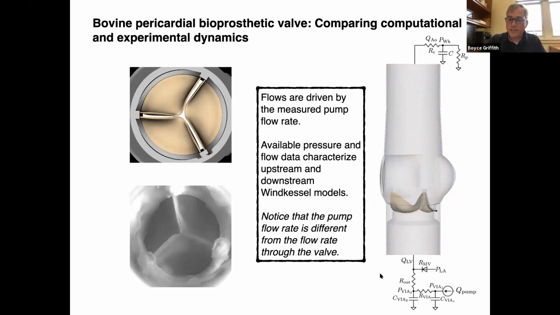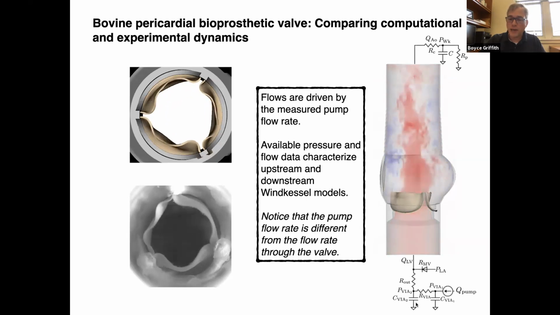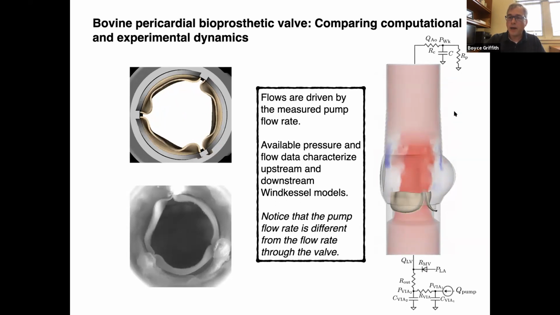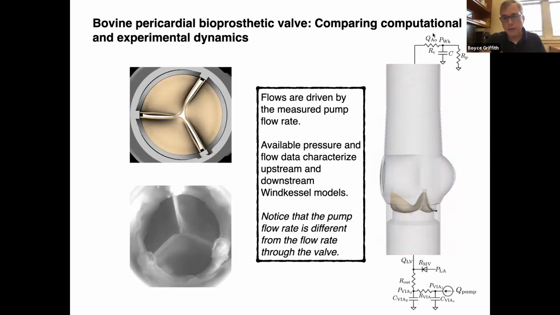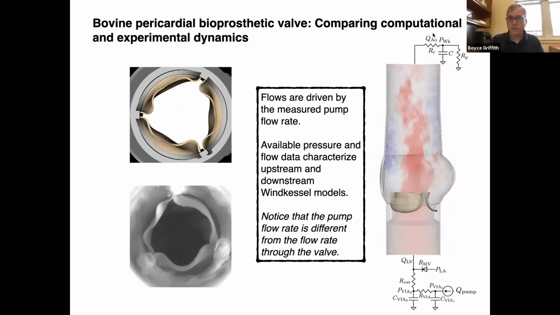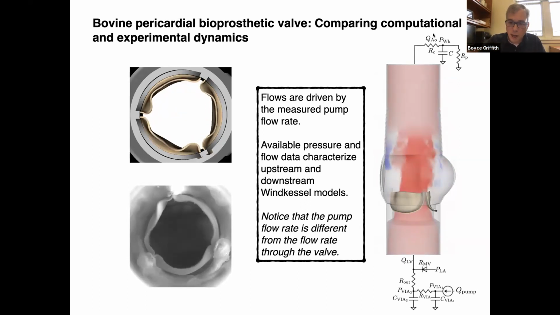We separately tune up boundary models using available experimental data. We tune up the upstream reduced order model and the downstream reduced order model, but we do that totally separately from the FSI model. Then we plug it all together and ask if we get reasonable agreement in terms of pressures, flows, and valve dynamics.